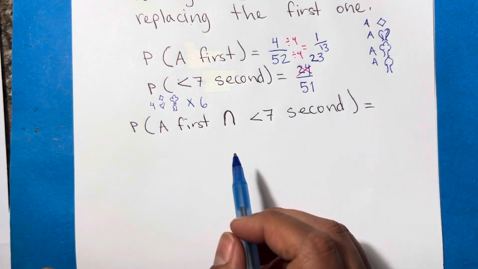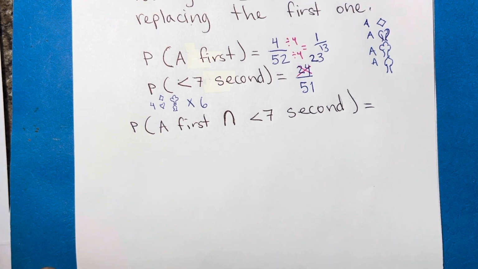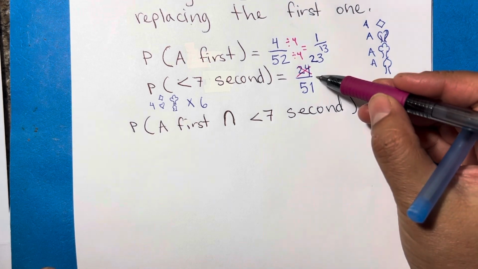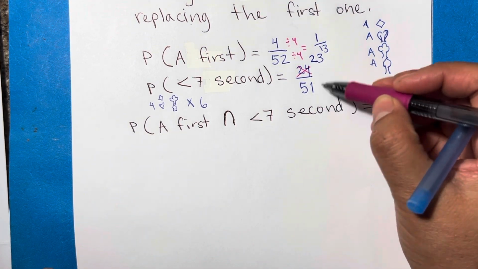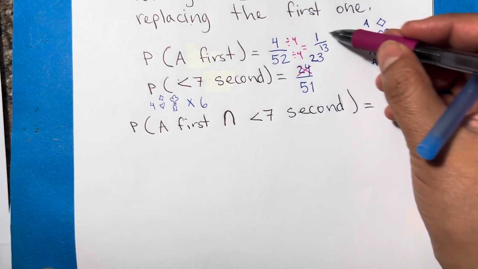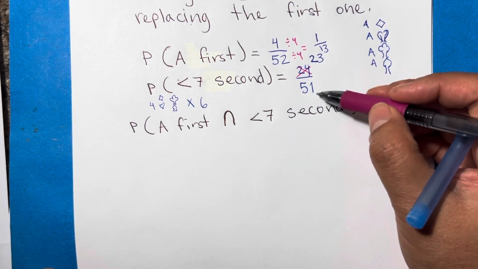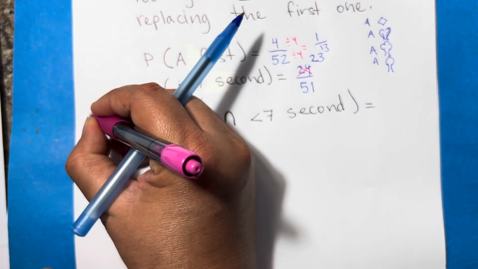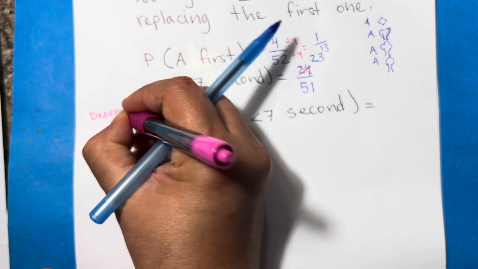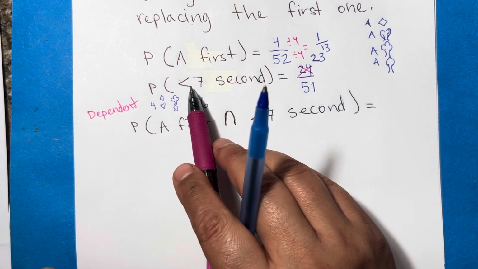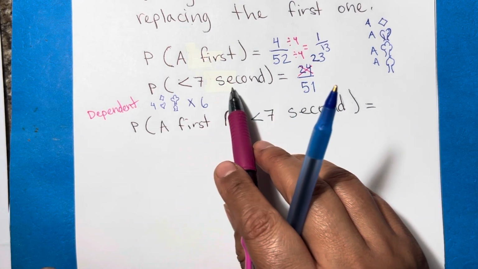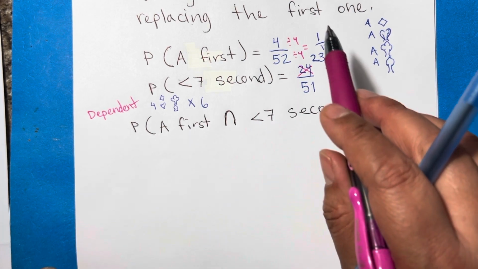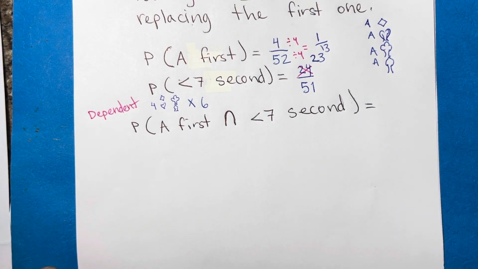So again, is this dependent or independent? Well, this is a dependent event. Why? Because the chances change after the first event, the chances of the second event change, okay? So this is dependent. The chances of getting a number less than 7 for the second card depends on what I get on the first one.